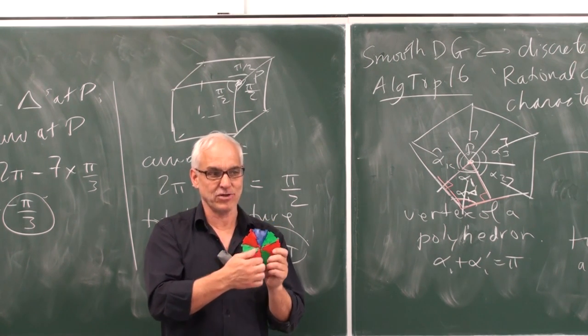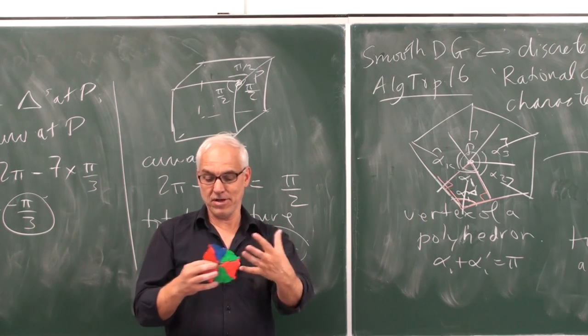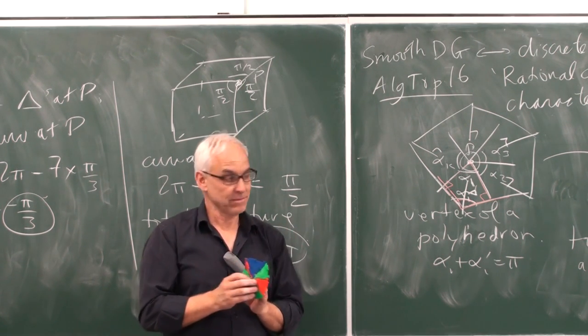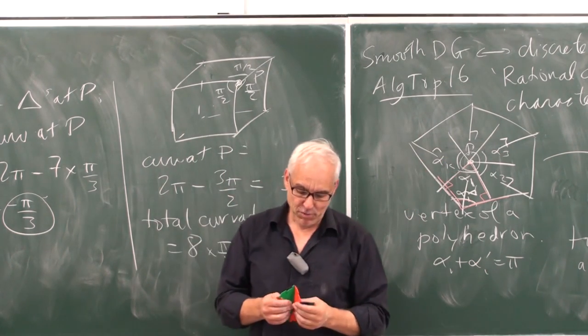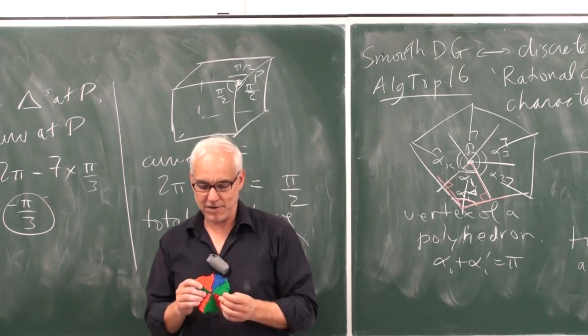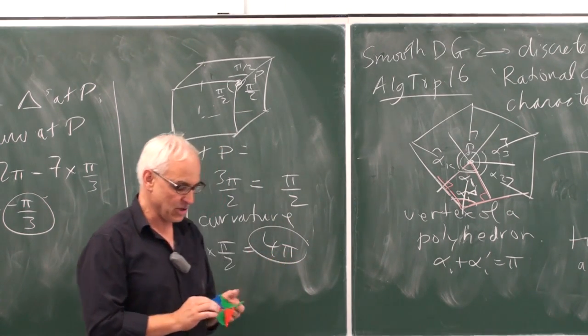So the curvature is actually intrinsic to the geometry and not to the ambient embedding. So this in some sense provides a simple-minded, discrete-like proof of the theorema egregium, or at least gives a pretty strong indication of why it's true.